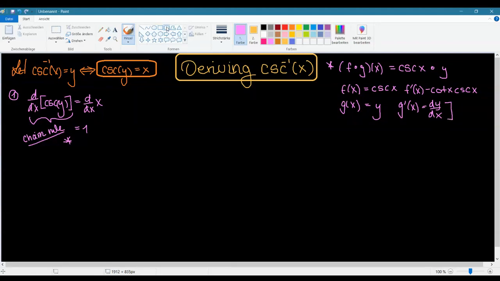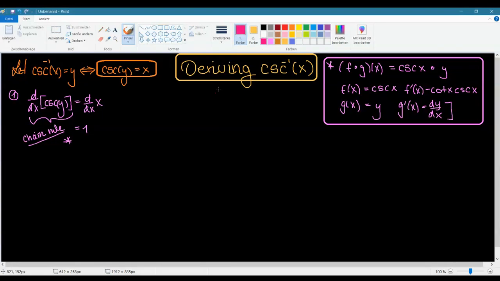This is what we're solving for, this right here, so it's very important. Okay, so now we have everything we need to apply the chain rule to the left side of our equation. So let's do it. Number 2, the chain rule. We are going to make this the derivative of cosecant of y instead of x, and then multiply it by dy by dx. So this is going to become negative cotangent y times cosecant y times dy by dx equals 1.